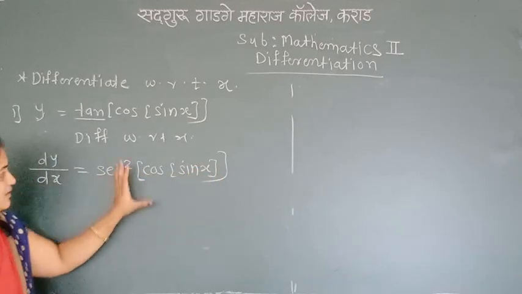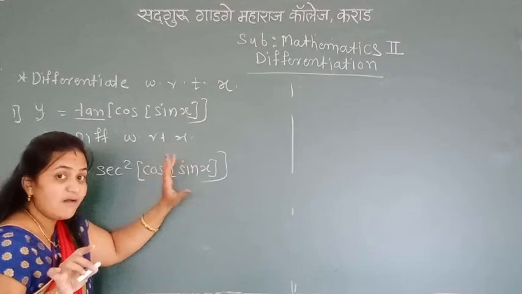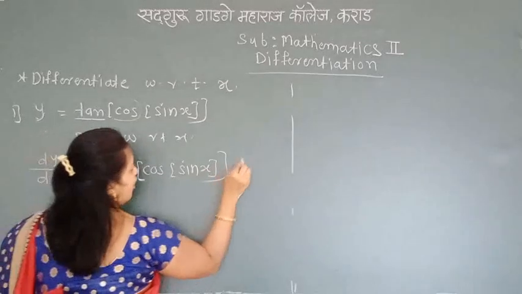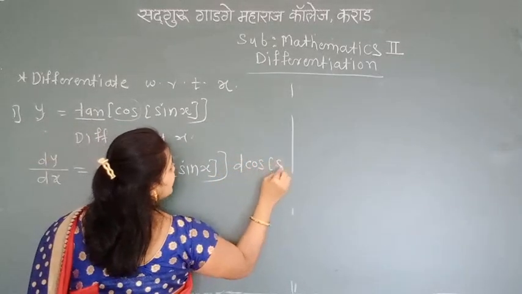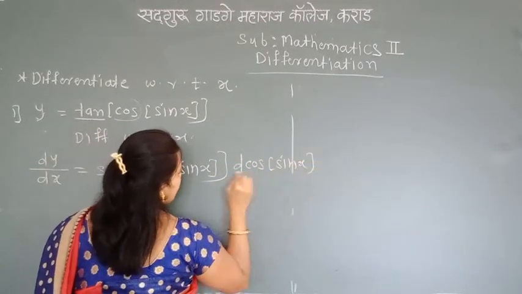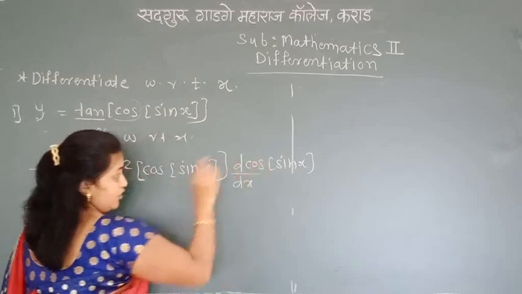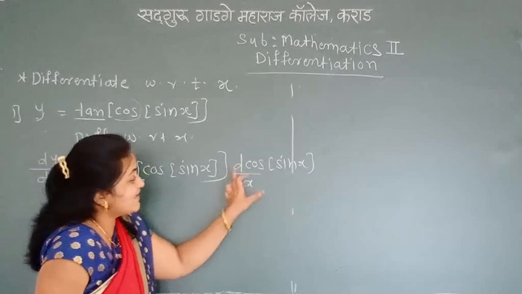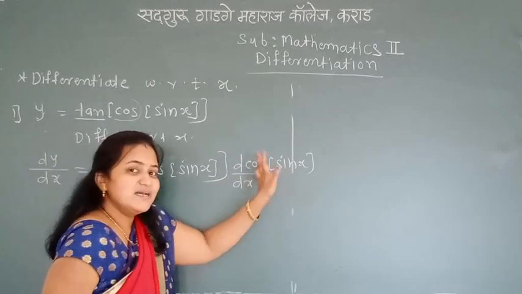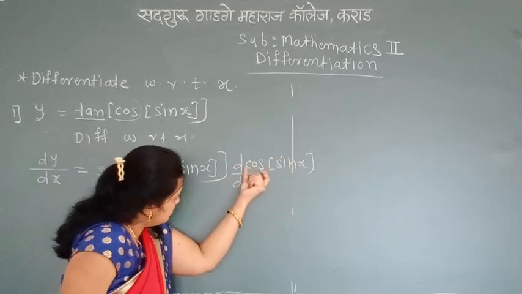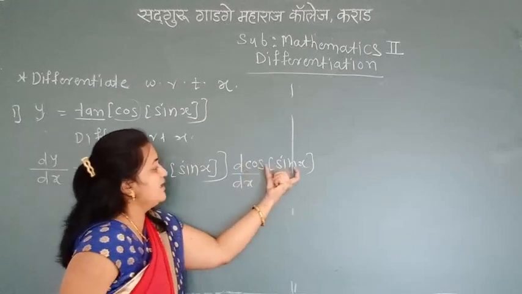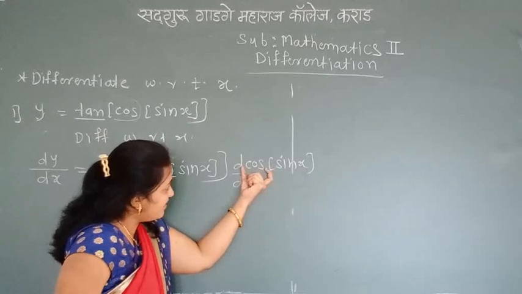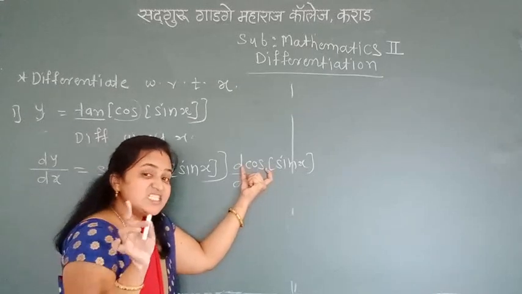Now again we find the derivative of the sub function. What is the sub function here? Cos. So the derivative of cos of sin x. Now we find the derivative of cos. This is not your standard function, it is a composite with sin x. So here cos is the standard function and sin x is a sub function. First we find the derivative of the standard function, cos x.